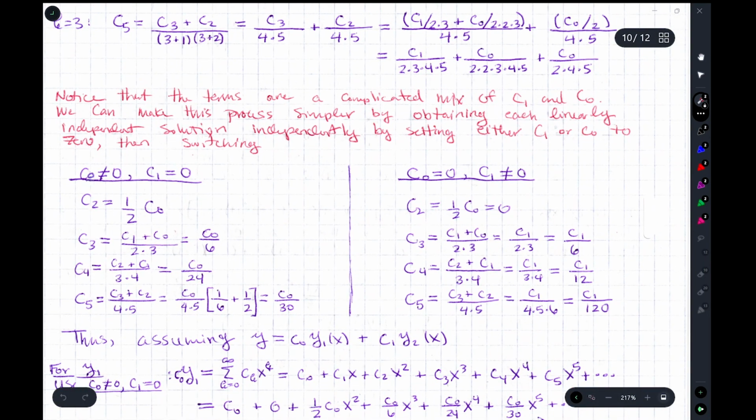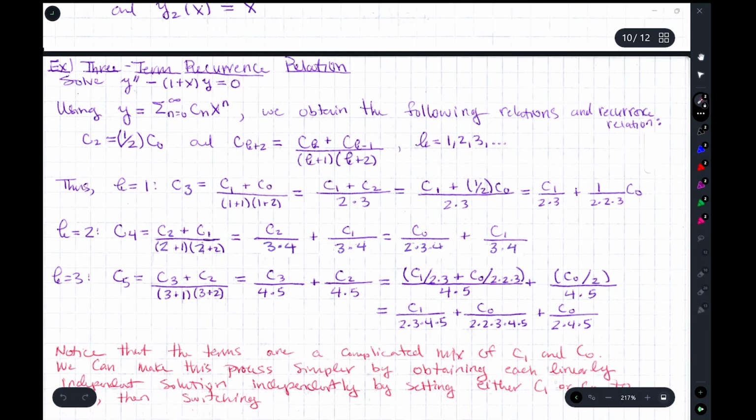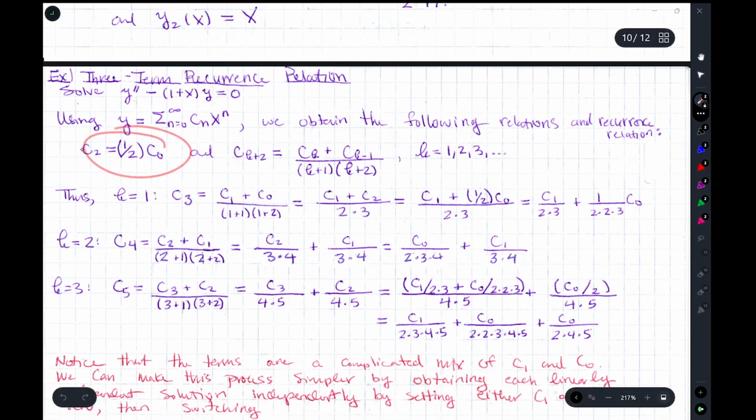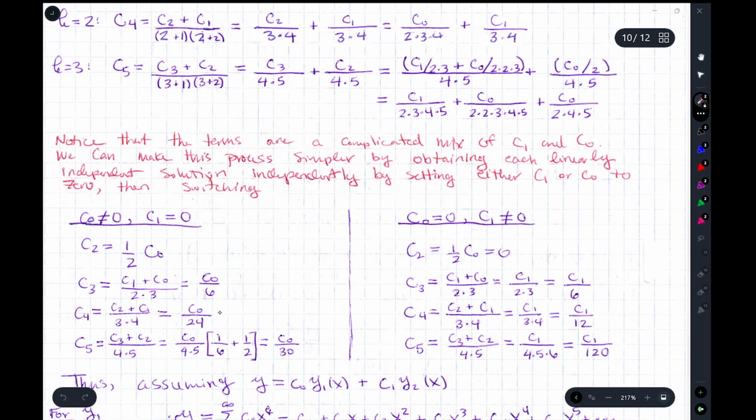This is going to give us C3, and C2 here is coming from this. We're assuming C0 is not equal to 0. So for C3, we get C1 plus C0. Well, what is C1? We're assuming it's 0. We're just paying attention to C0, and we get that coefficient. For C4, again, we assume C1 is 0, and we just continue doing this. And we're getting all the terms proportional to C0.